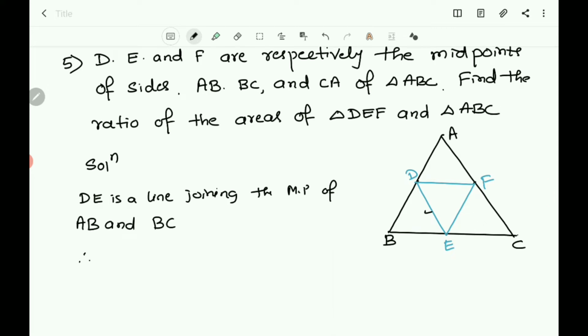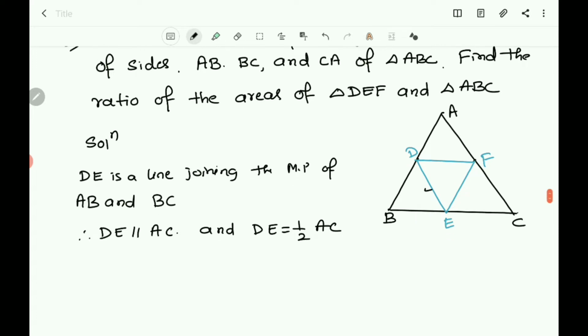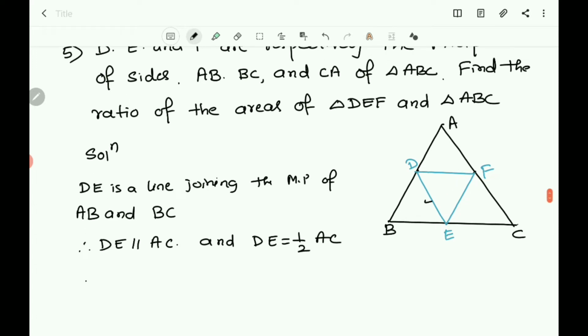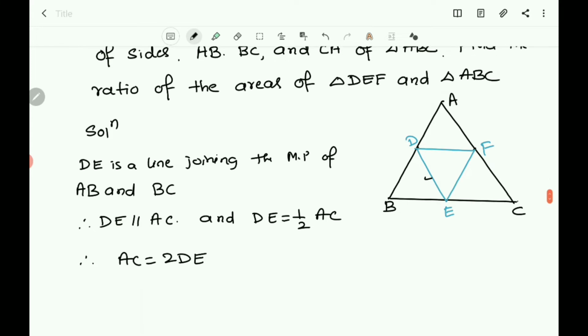Therefore, DE must be parallel to AC and DE must be half of AC. That implies AC is equal to 2DE.